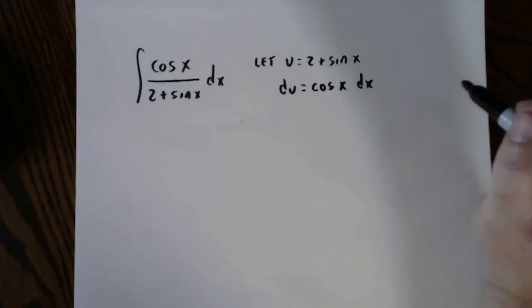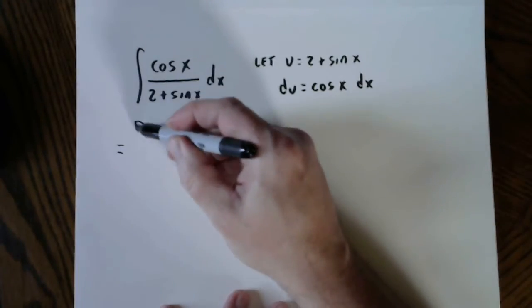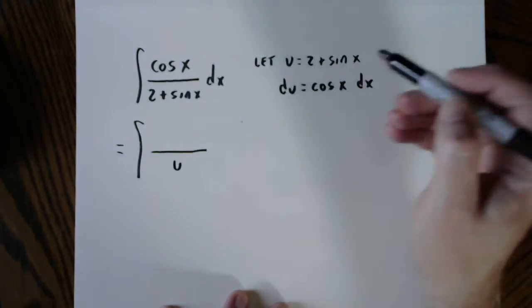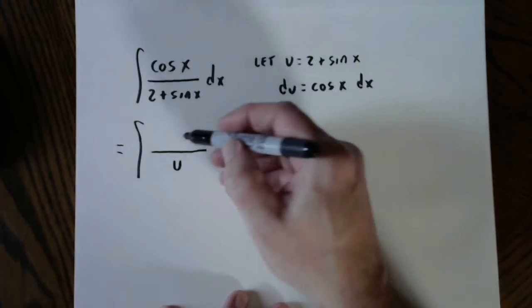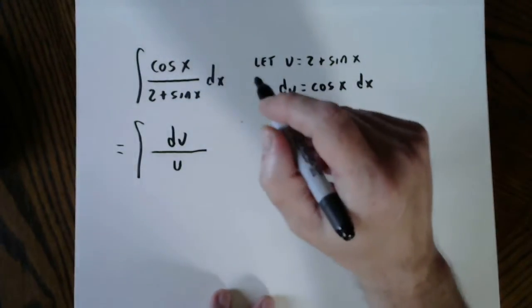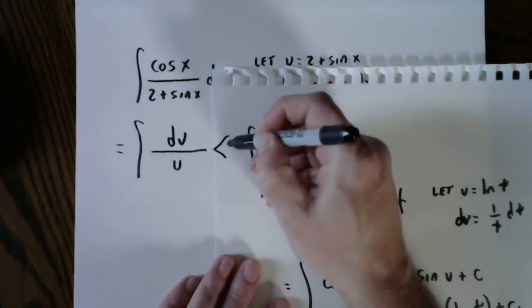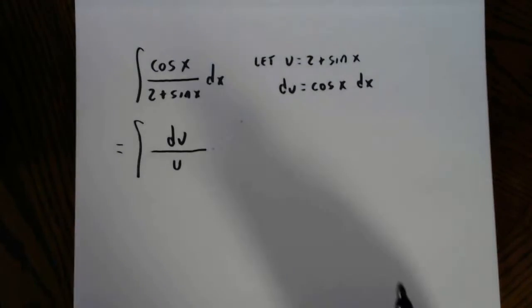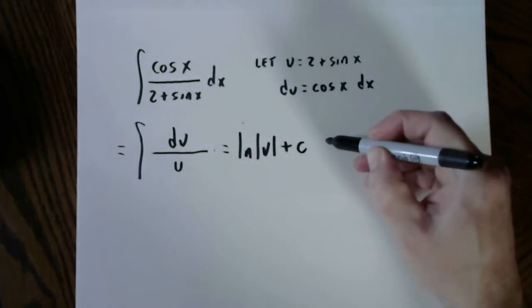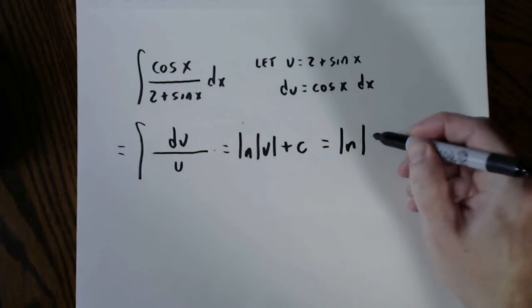So this is real clean. The bottom here is u, and then cosine x dx is du, and then if I see what I have here, this is the rule that I just had on the last page, right? These guys are the same. It's just a different letter. So this will be ln u plus c, which is, of course, back substitute.